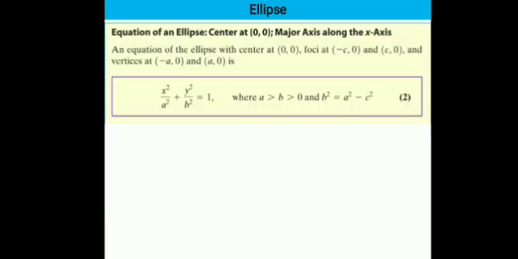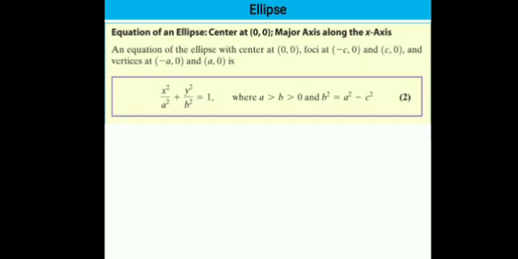Let's continue. Say for example you have an equation of an ellipse which center at the 0, 0 or at the origin and the major axis along the x-axis. An equation of the ellipse with that center at the origin, foci located at negative c, 0, and c, 0, and vertices at negative a, 0, and a, 0, is given by the equation x squared all over a squared plus y squared all over b squared is equal to 1.